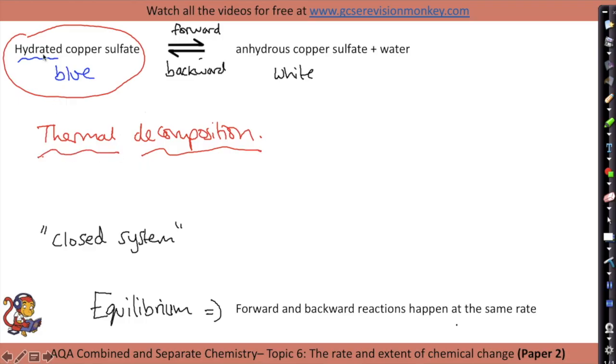So if you heat this up, it will break down into these two products, and that is an example of thermal decomposition. In the forward reaction, therefore, it takes in heat, so it is an endothermic reaction, whereas the backward reaction is exothermic. And that's always true for a reversible reaction. If it's endothermic in one direction, it is exothermic in the other direction.